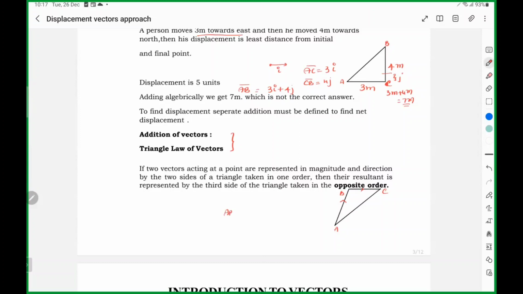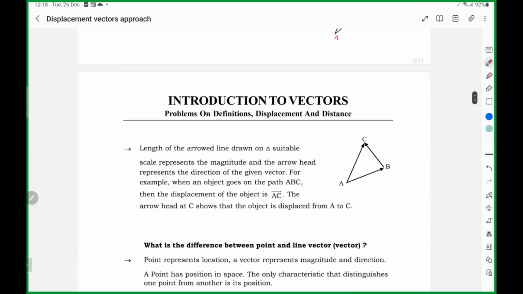What is the resultant of these two vectors? Here, you've taken vectors in clockwise direction, but resultant will be in opposite direction. Its resultant is third side of a triangle, not C to A. You have to take it as AC. That is why they say opposite order. That's how addition is defined.